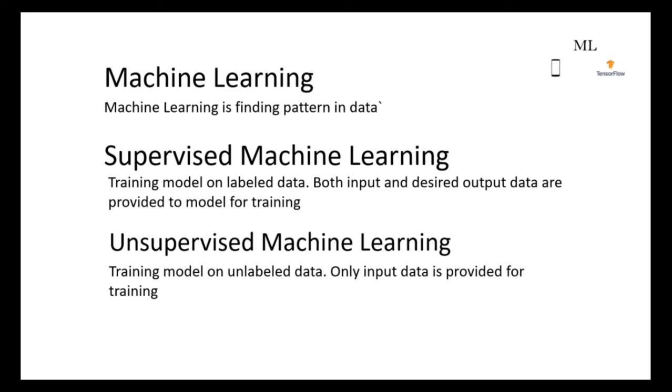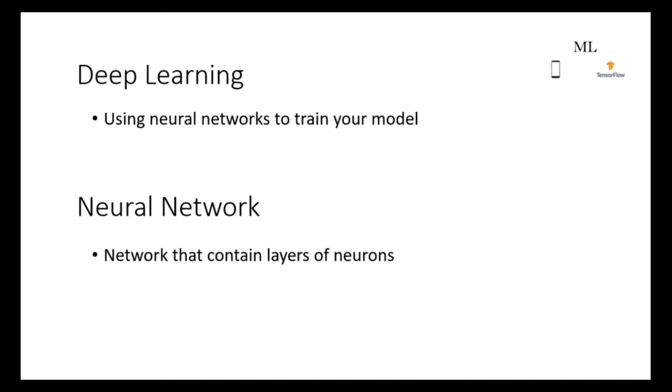Only input data is provided for training, and our model is responsible for finding pattern in that data. Then we studied about deep learning, which is basically using neural networks to train our model. So what actually was a neural network? Neural network is a network that contains layers of neurons.